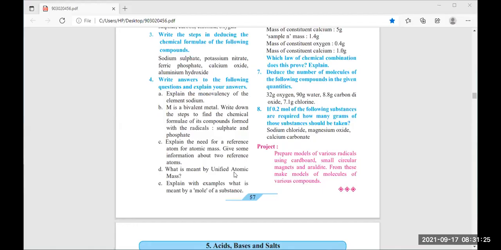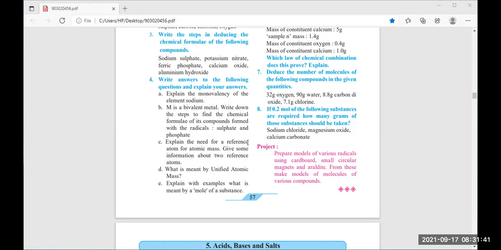So now we are going to take the next question. Explain the need for a reference atom for atomic mass. Give some information about 2 reference atoms. Okay, so what is there?